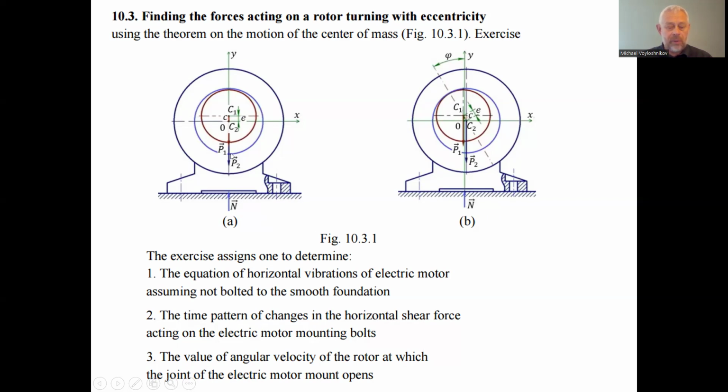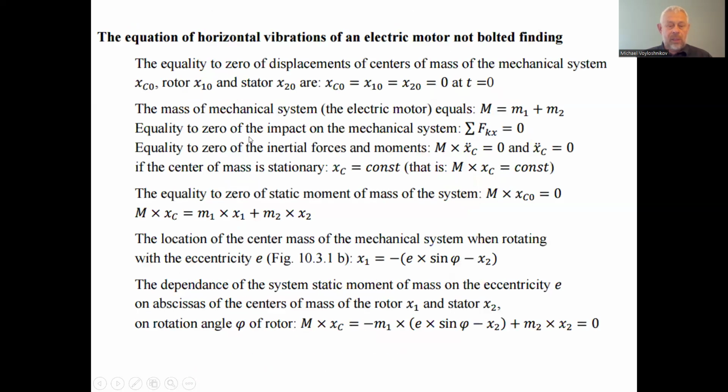What has to be the angular velocity if the joint of the electric motor to this smooth surface will open? That is when the inertia force in the extremal position of the rotor will be more than the weight forces of the rotor and the stator together.